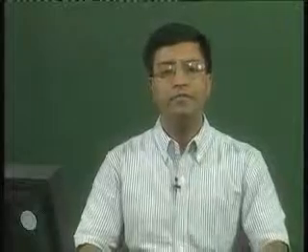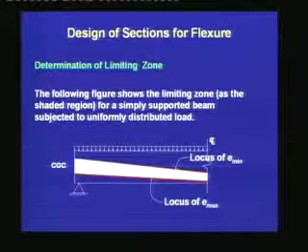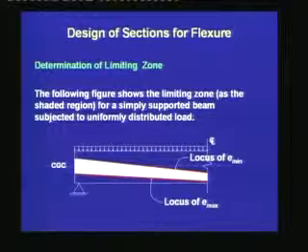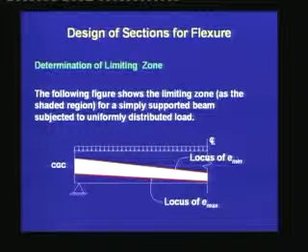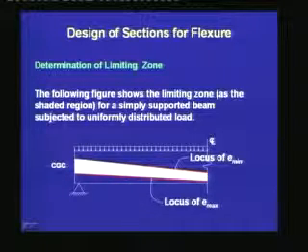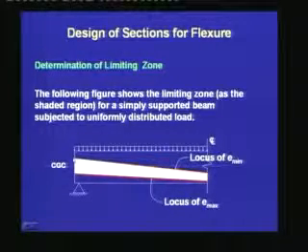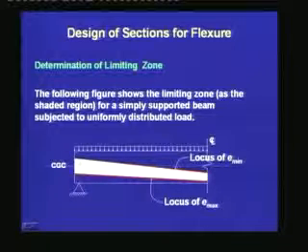The following figure shows the limiting zone as the shaded region for a simply supported beam subject to uniformly distributed load. Thus, for a simply supported beam, if we have a uniformly distributed load, we have a wide depth of the limiting zone at the end.